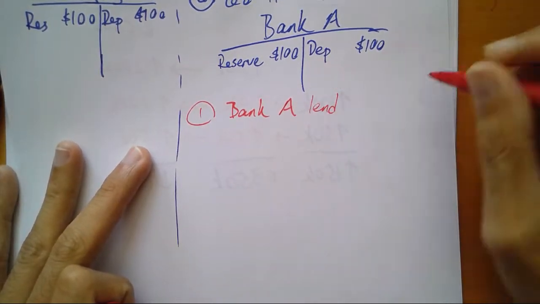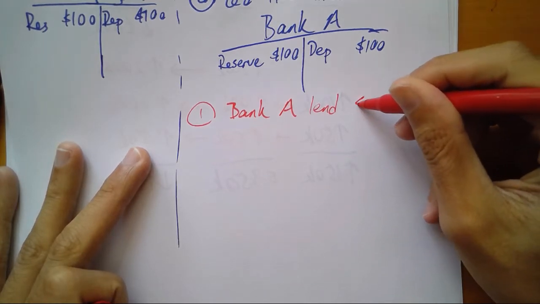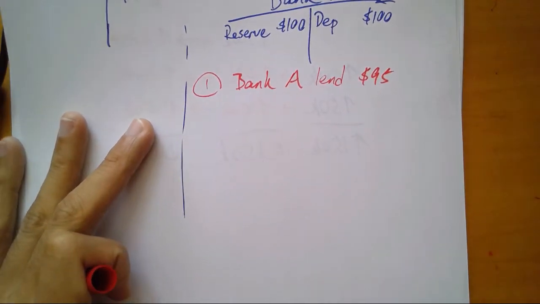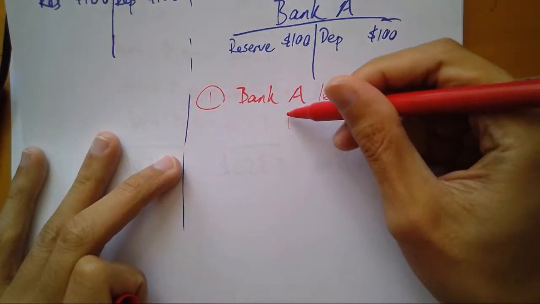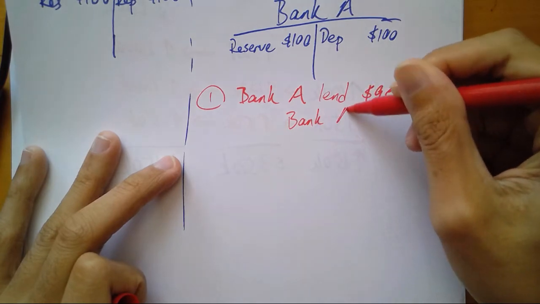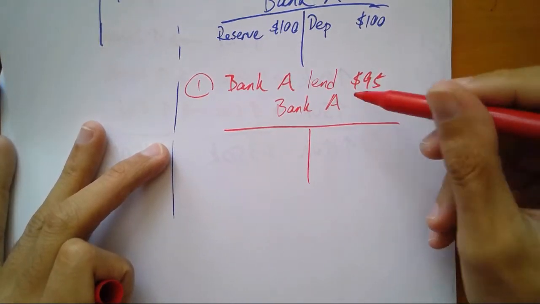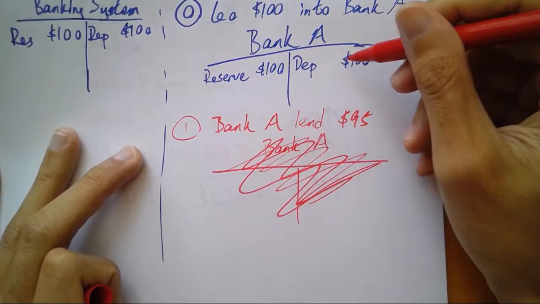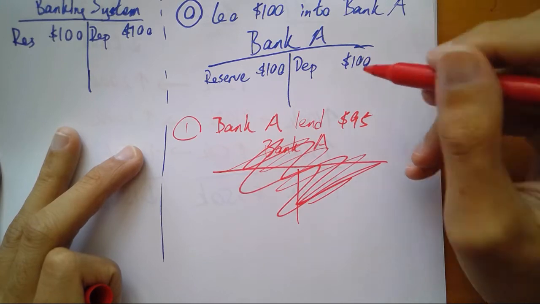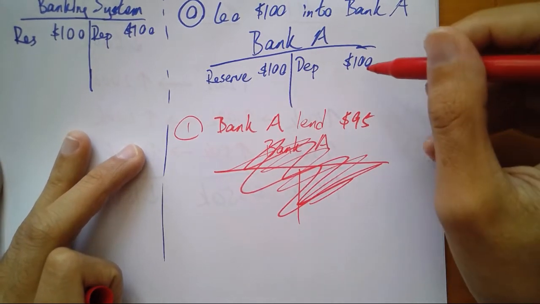Let's assume they lend 95. Immediately, deposit is not going to change because I put 100; I still have 100 inside.